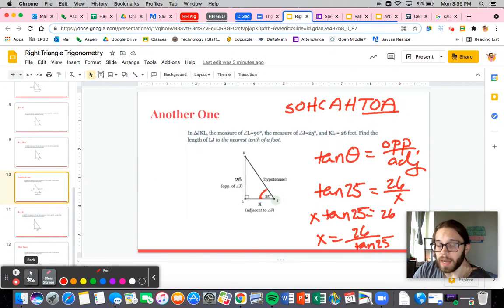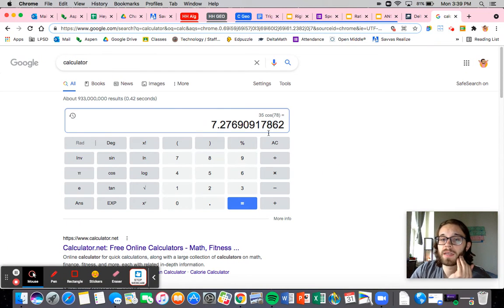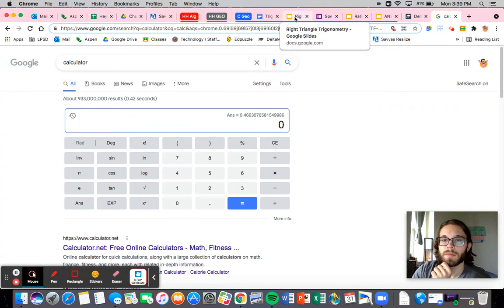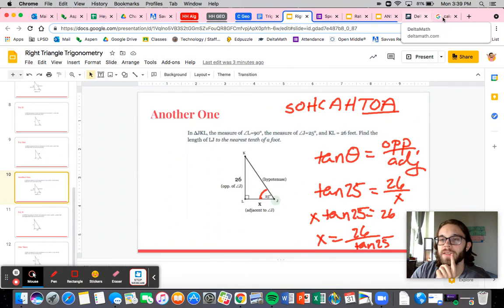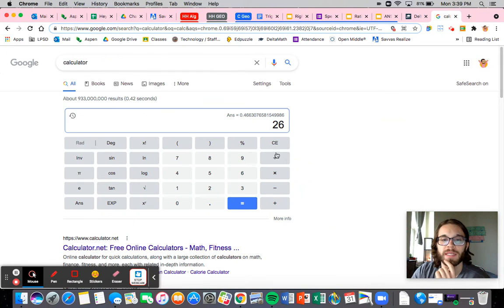All right, so again, the reason I'm allowed to do this is that tangent of 25 is just a number. Again, I'm still in degree mode. 26 divided by tangent 25. And there we have it.